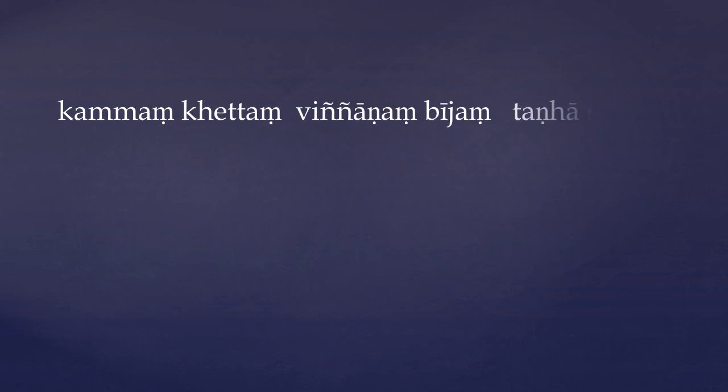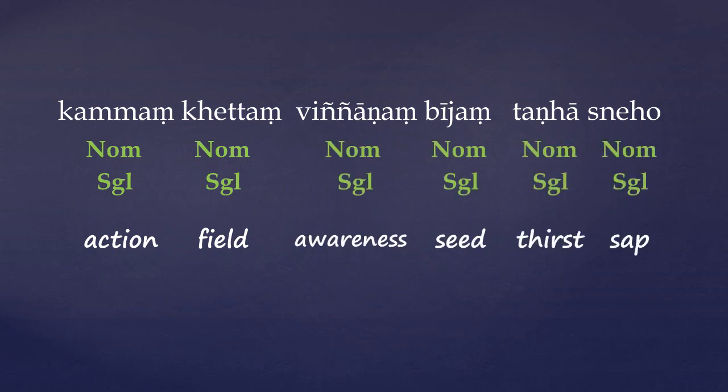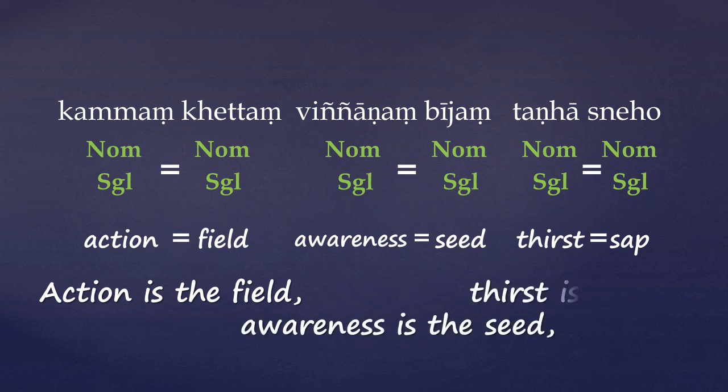So for instance, in this Pali sentence, we have 6 substantive nouns and no verbs at all. Now each of the nouns are in nominative singular, and we can see that they form pairs. And from this we can infer that they're actually equational phrases, the 2 nouns being linked by an implied is. So we can translate this as action is the field, awareness is the seed, and thirst is the sap.